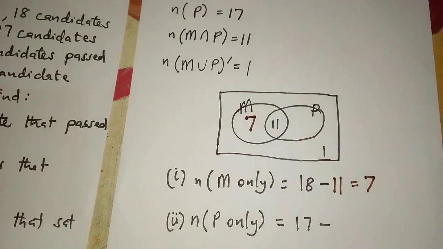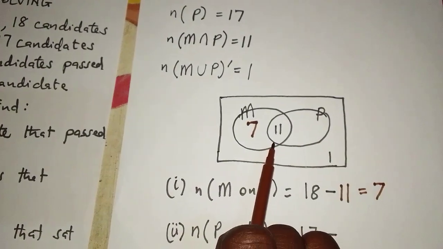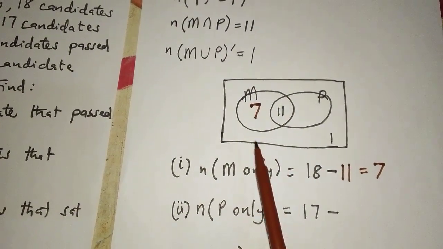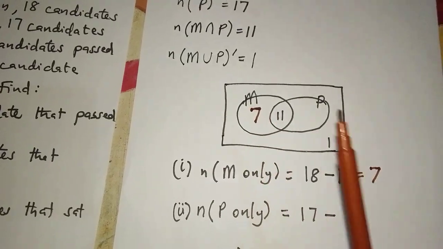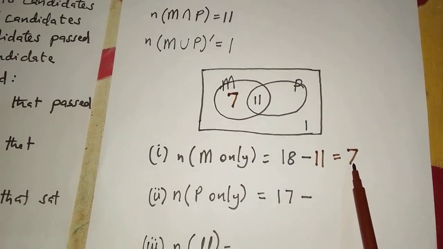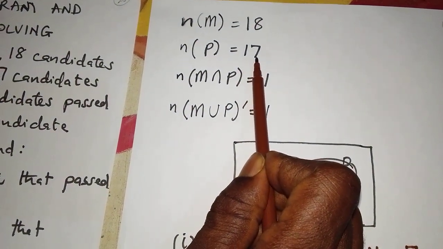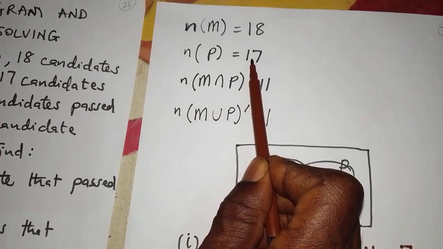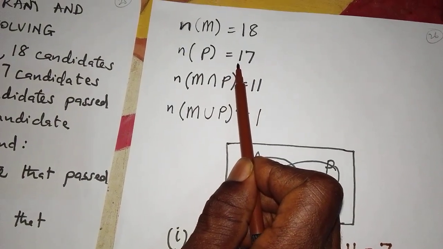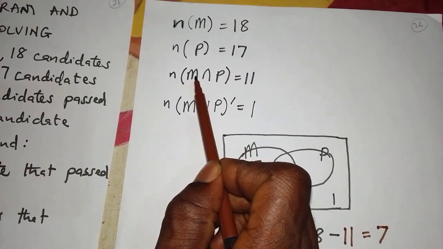So to know those that pass mathematics only, just subtract those that pass the 2 subjects from the total number of students that passed mathematics. That will give us the number of students that pass only mathematics. Now we were told that 17 candidates passed physics. Out of these 17, some of them also pass mathematics.